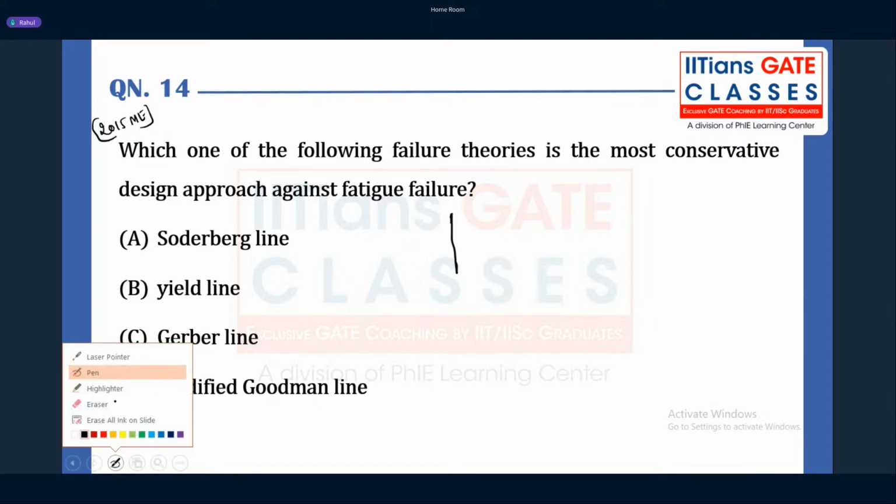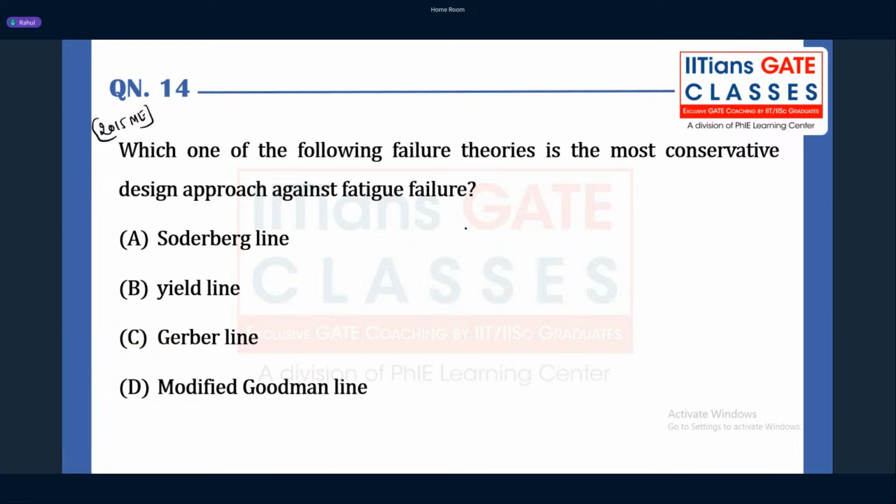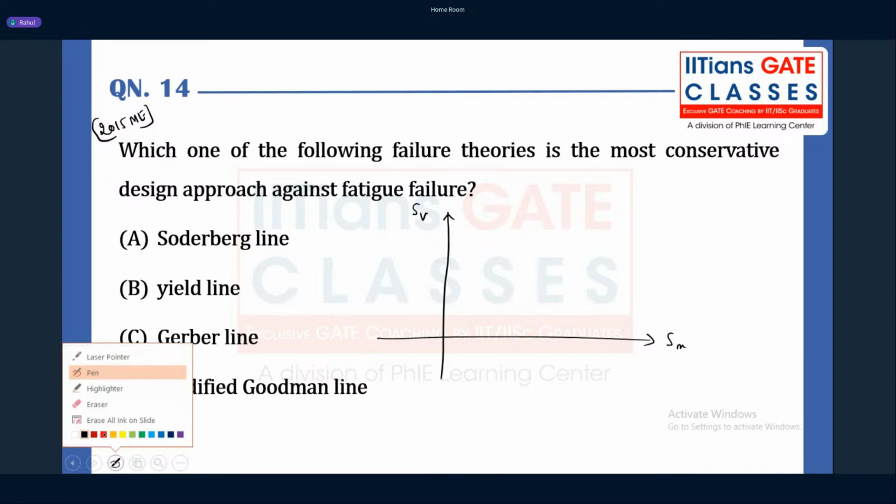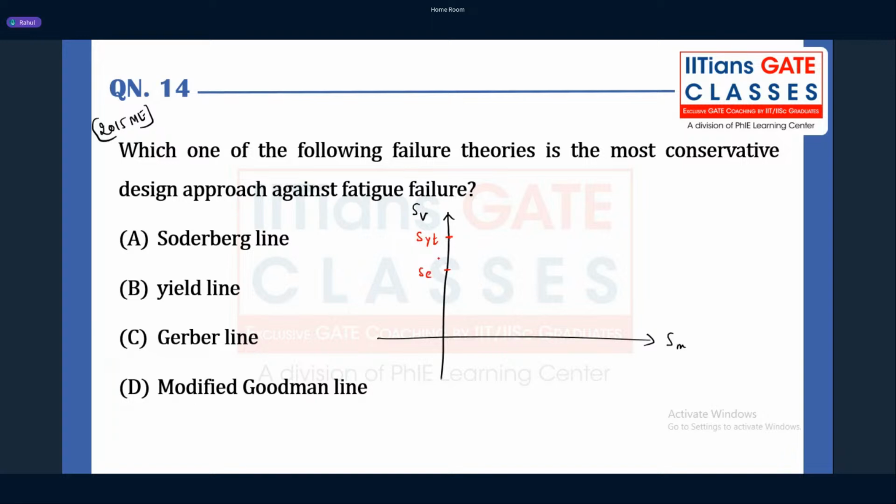So if you plot the graph between variable stress versus mean stress, here we have variable stress S versus mean stress. So what you can write here? There is the yield strength, endurance strength, and ultimate strength.